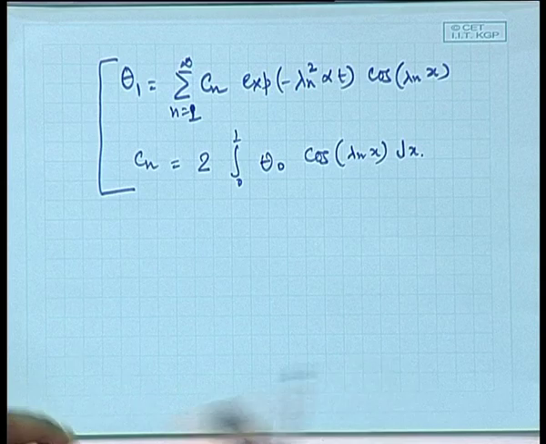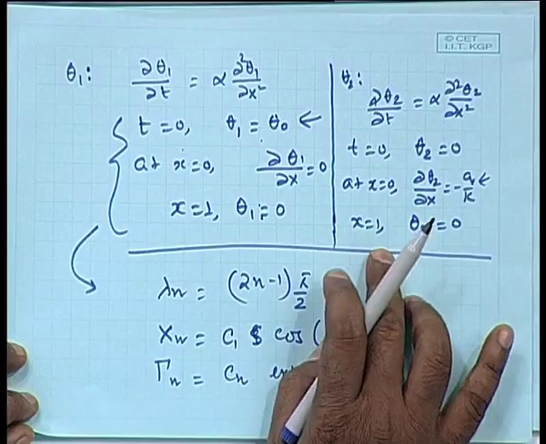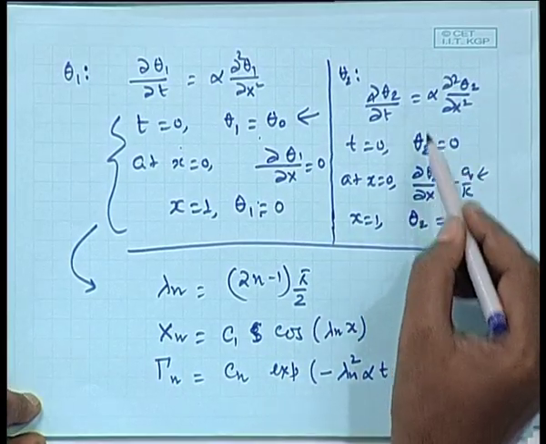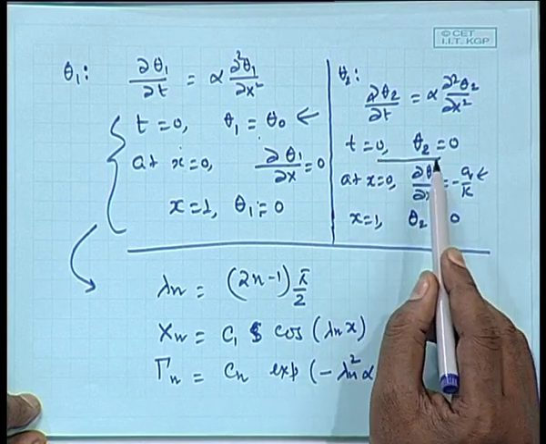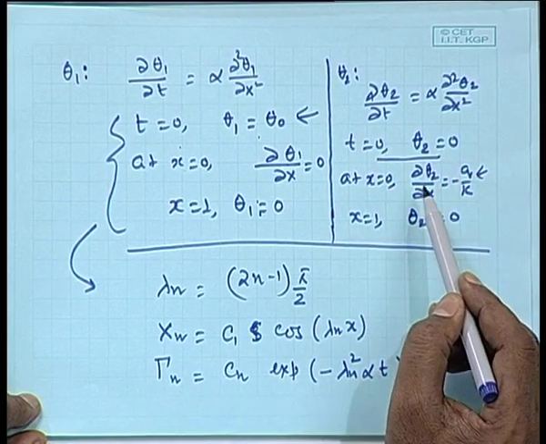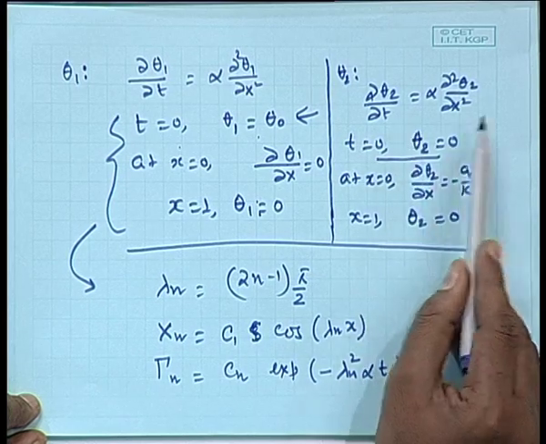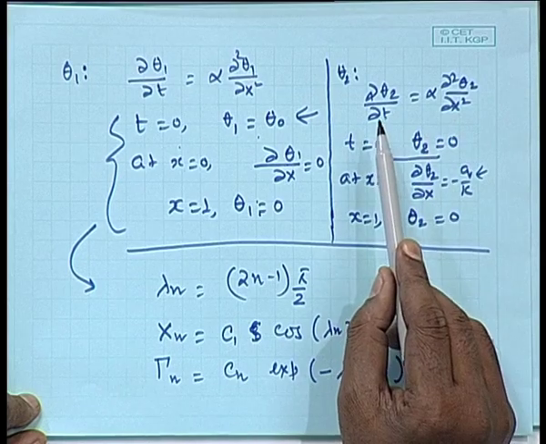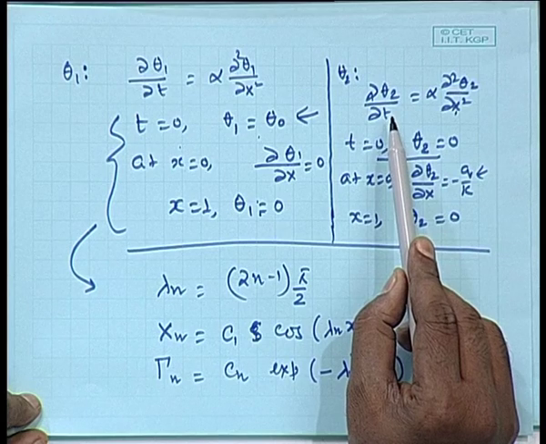Now, in theta 2 you are having the non-homogeneous boundary condition present and a zero initial condition. Since you are having a zero initial condition, this will again be subdivided into two sub problems. One will be theta 2 s, that is a steady state part, which will be a function of x only and time independent, plus theta 2 t, which will be a function of x and t both.